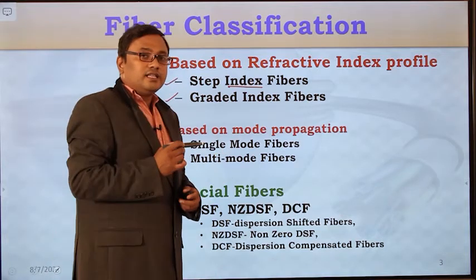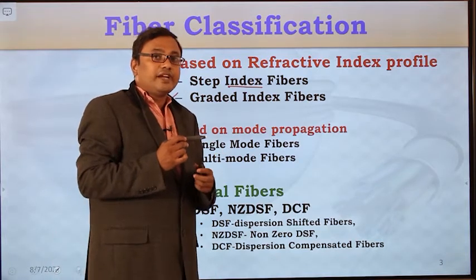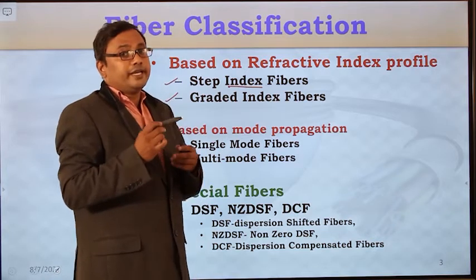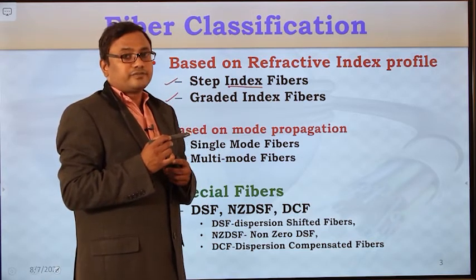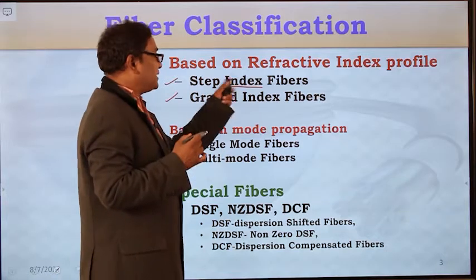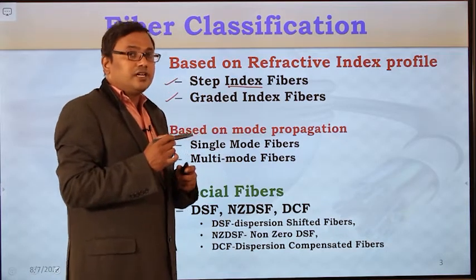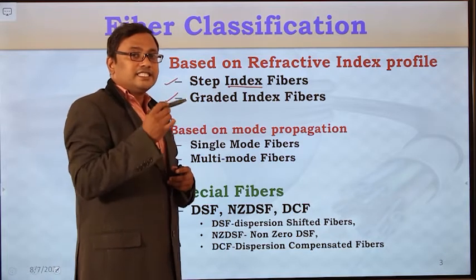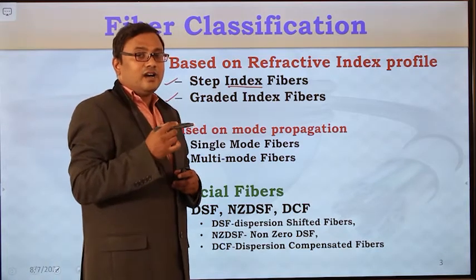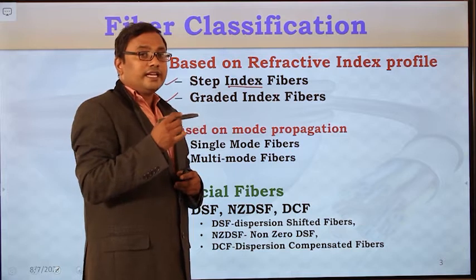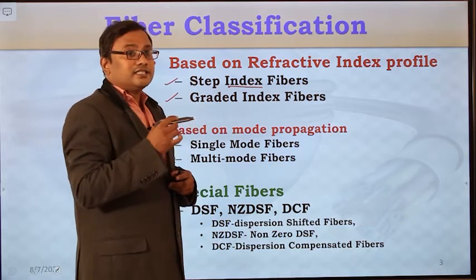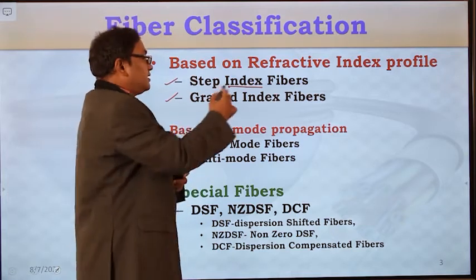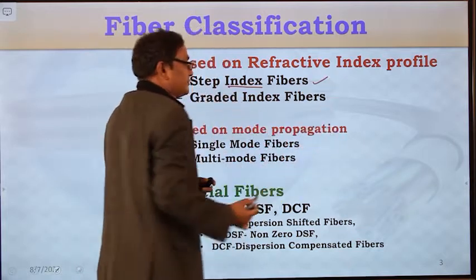Already we know that the light ray must be confined to the optical fiber core medium for the proper propagation. So index is representing refractive index of the core medium. If the refractive index of the core medium changes suddenly or abruptly at core cladding interface, such kind of fibers are called as the step index fibers.